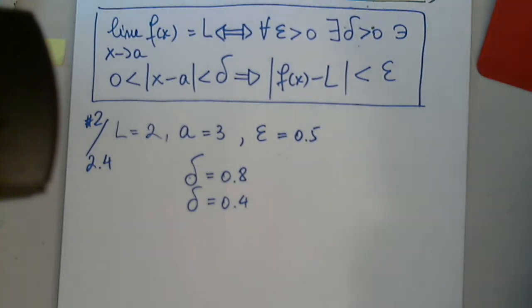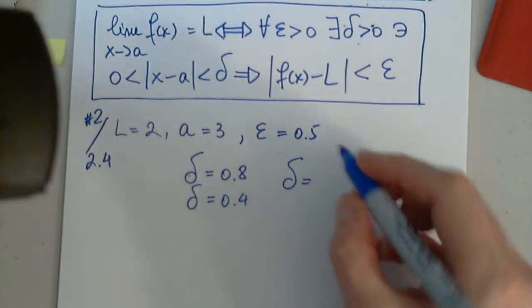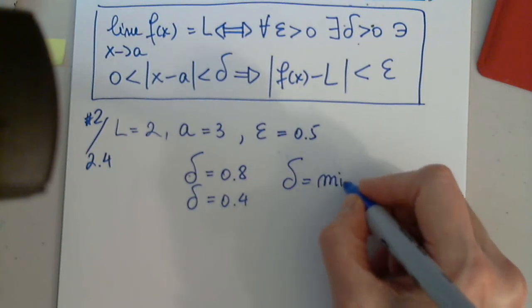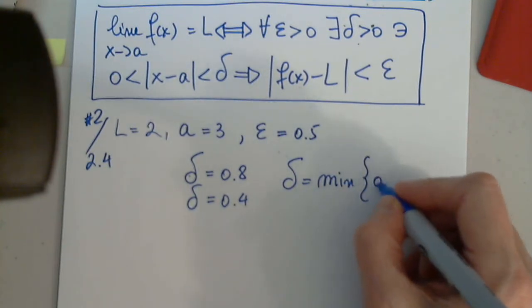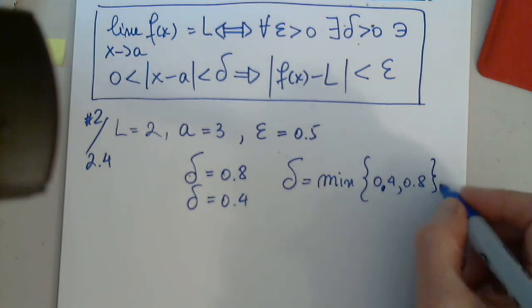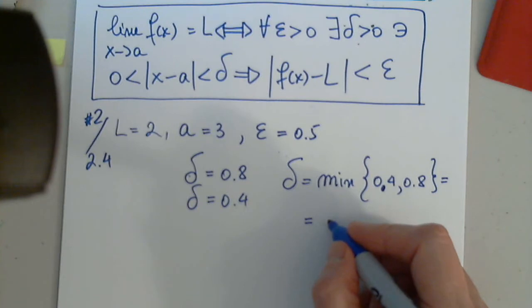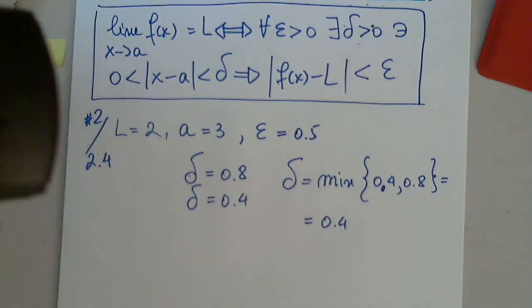I'm going to stop sharing because I want you to see how it's written. So delta must be the minimum of 0.4 comma 0.8. So then the answer must be 0.4. Done.